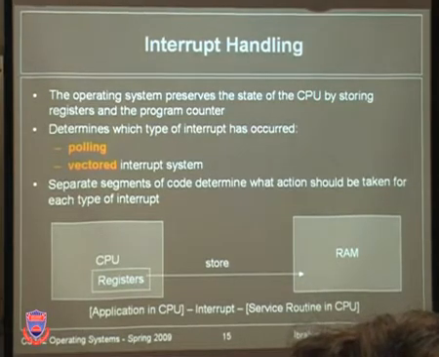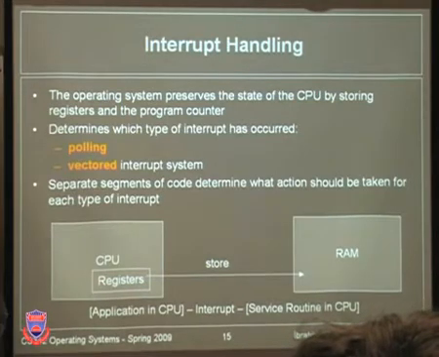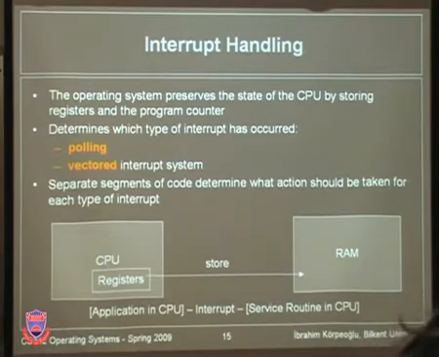For each type of interrupt, we have a separate OS routine, an interrupt handler. Whenever a keyboard interrupt arrives, we run this routine. Whenever a disk interrupt arrives, we run that routine, which is part of the kernel. So they are not the same routines. And where are the addresses of those routines found? In the interrupt vector.